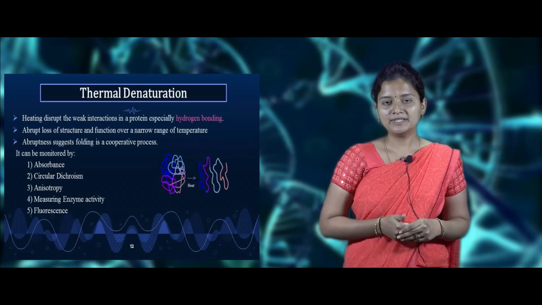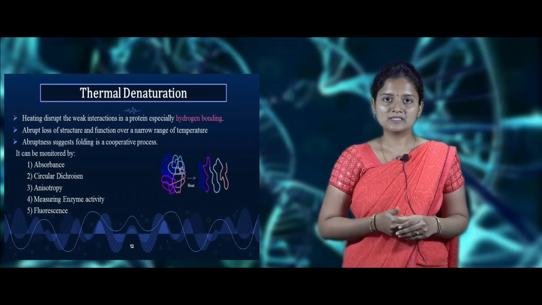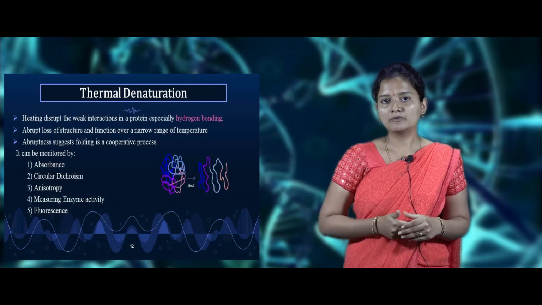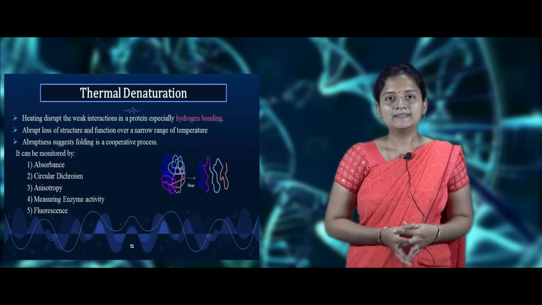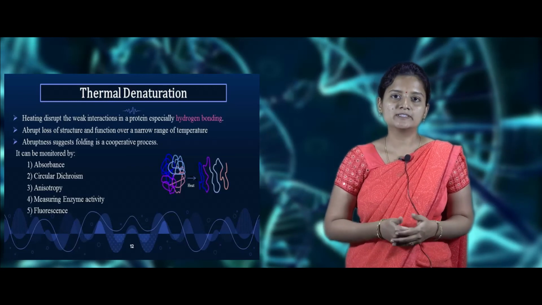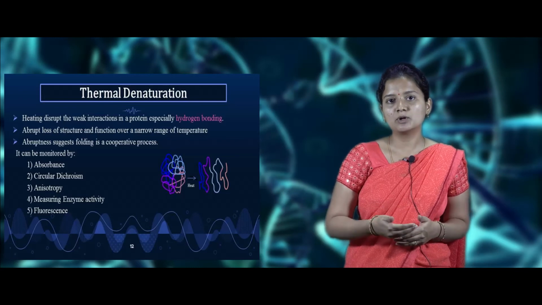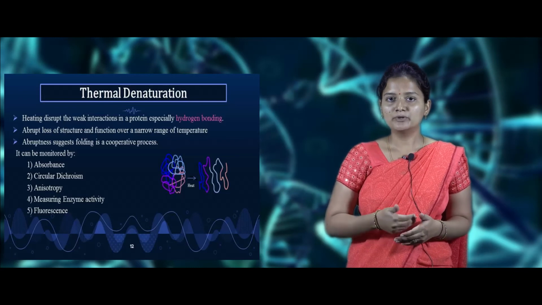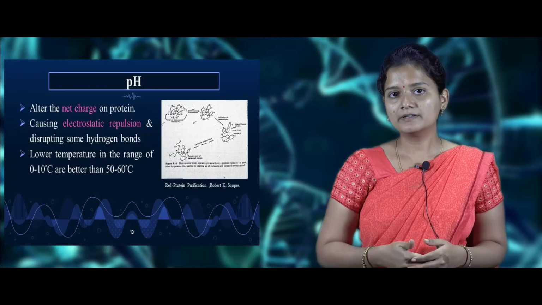Then anisotropy, which is the property of a substance that its physical properties vary with the molecular axis. And finally the fluorescence method, where we can use a fluorescent compound or tag a fluorescent compound to the protein to determine the protein denaturation.